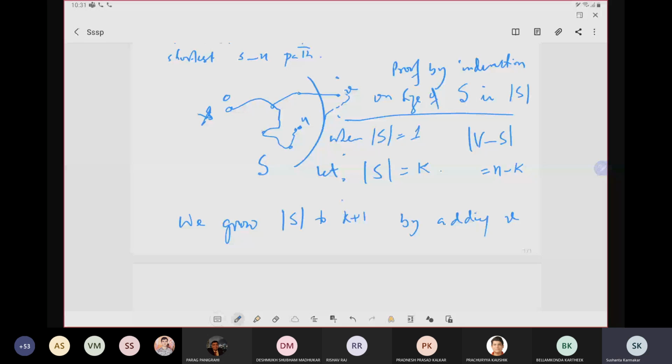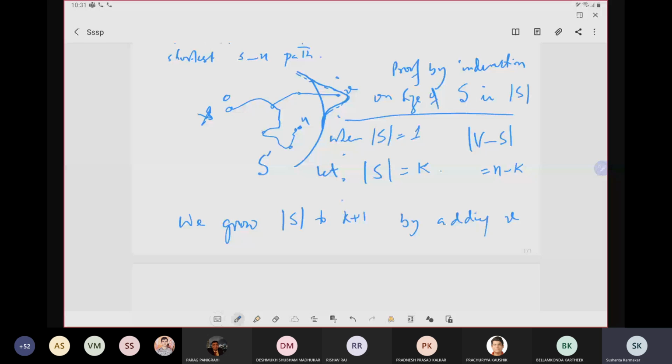What I need to show is that for any node inside my modified S, that is S prime, now that I have included V in this partition, this is my new partition. I want to prove this for size k plus 1. Take any node U inside this S prime; its distance from the source is also the shortest.